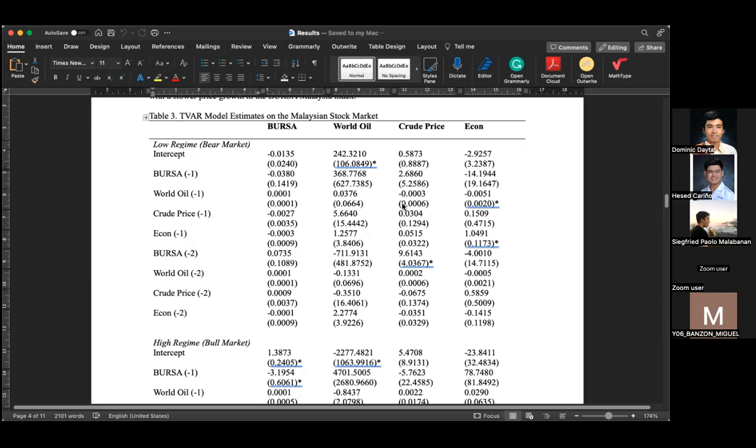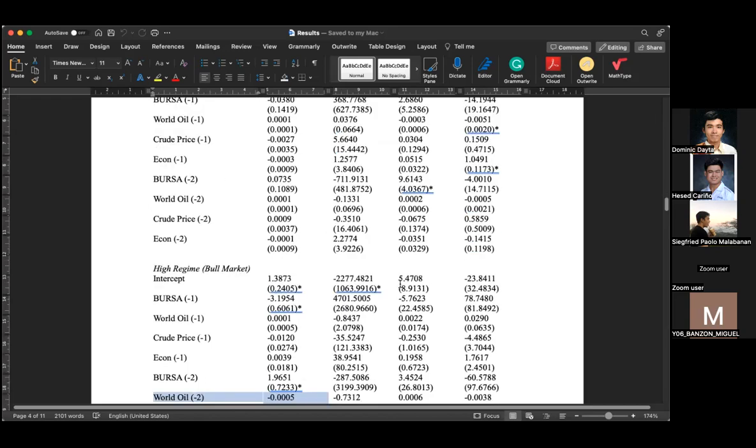Sir? Question lang po. So, for the shocks that are created by the oil, parang in general na siya, so parang included na dun yung mga oil supply shocks, aggregate demand shocks, and oil-specific demand shocks. Well, in this case, they're represented by the 3 different prices.